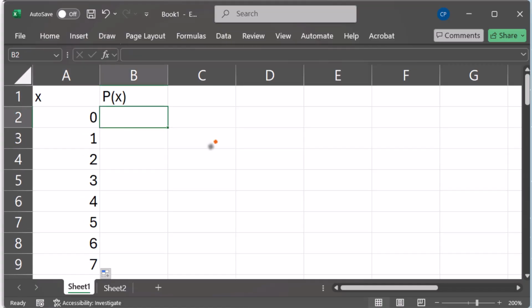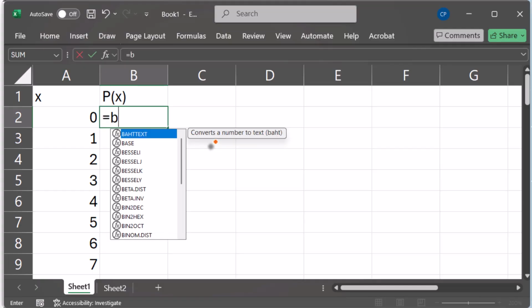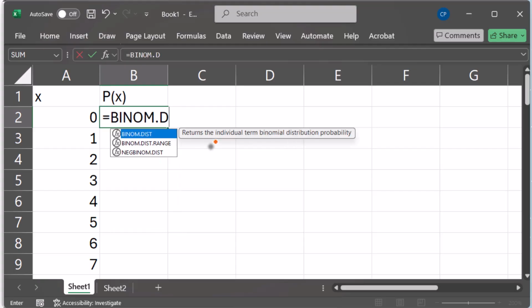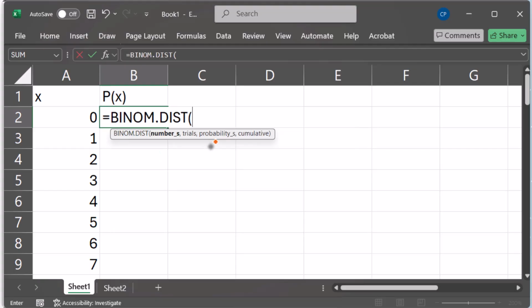Now, this is 51 different probabilities, but they're all using the exact same function. So I'm going to compute the probability of 0 here with BINOM.DIST, parentheses. My number of successes is the x value. In this case, I'm looking at the number 0, but I'm going to click on that x value in the column on the left, comma.